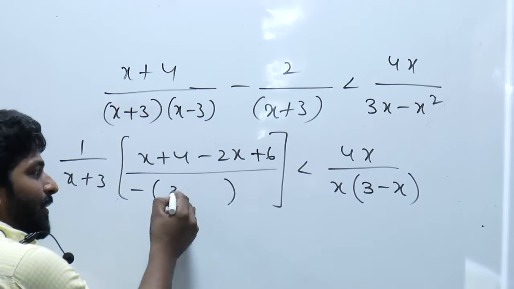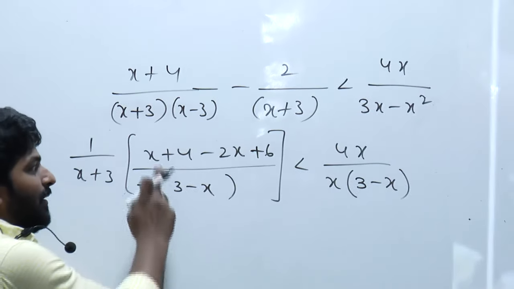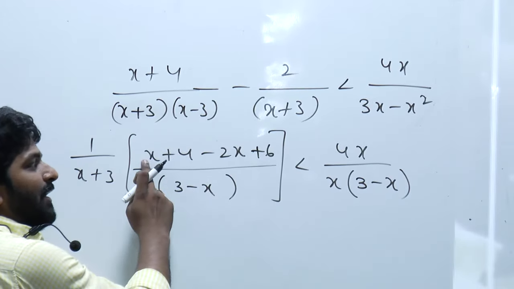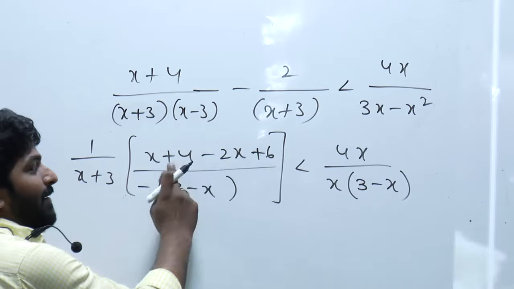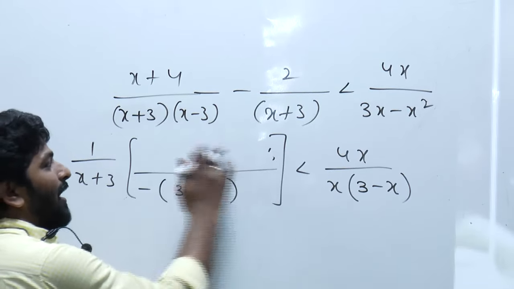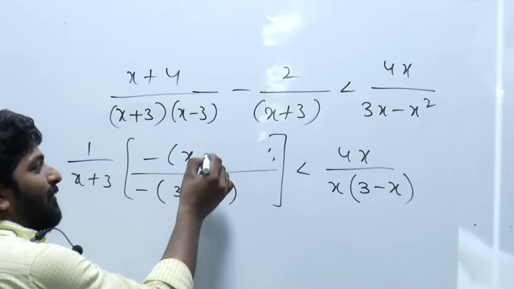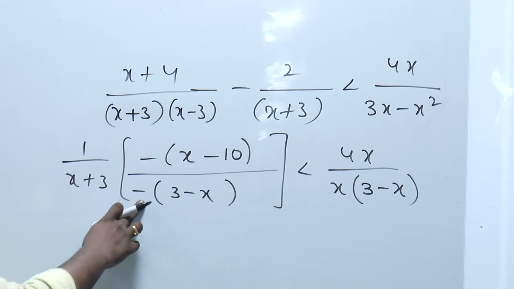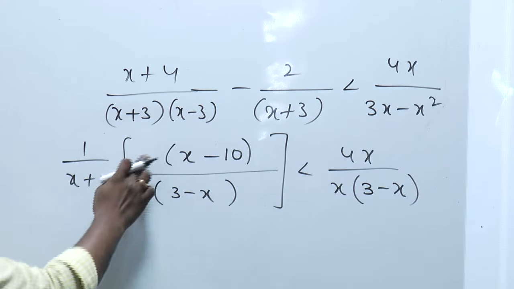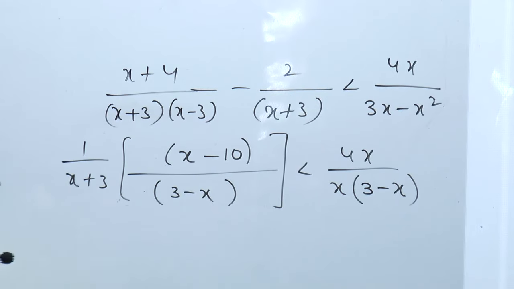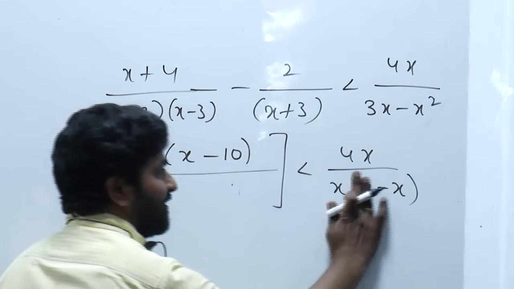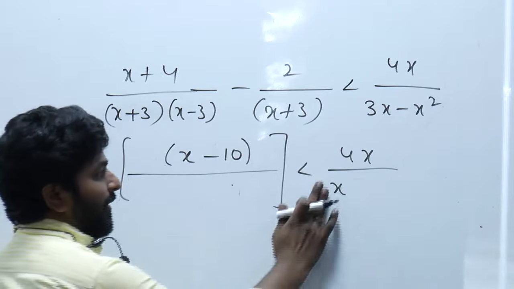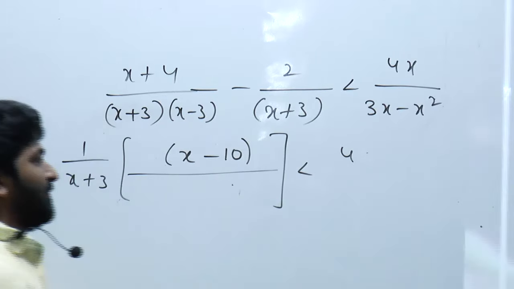The entire value of this is -x+10. Here also let me take minus common, that will be x-10. I am taking x common because I have a negative symbol here. Both get cancelled. 3-x cancels, x cancels.